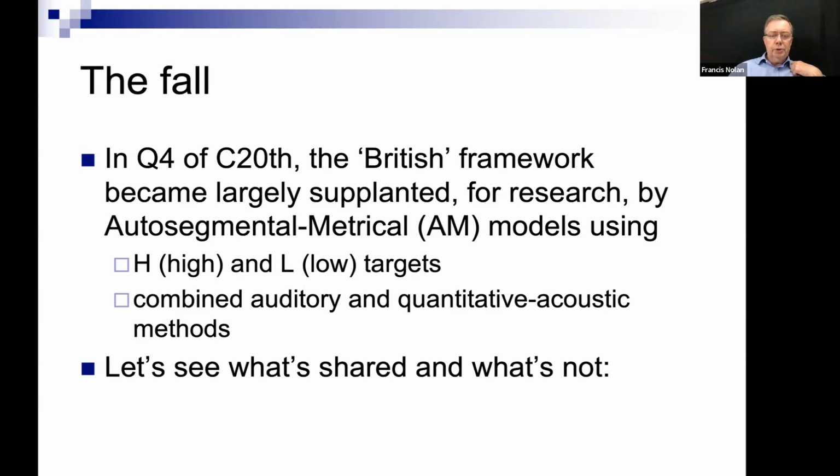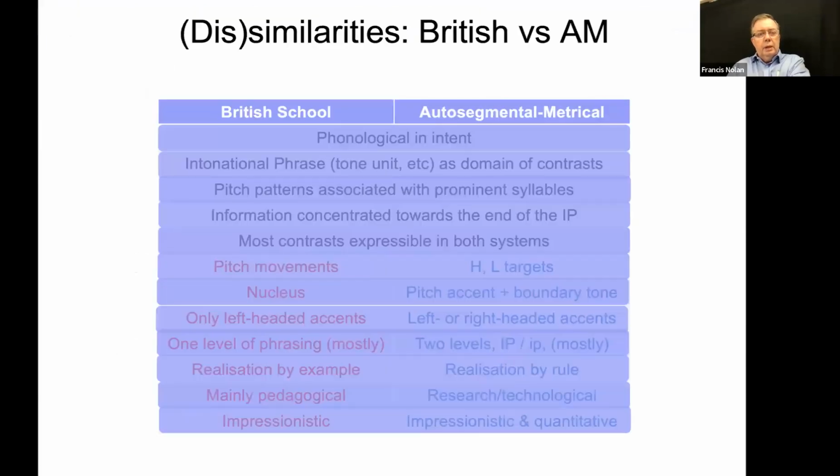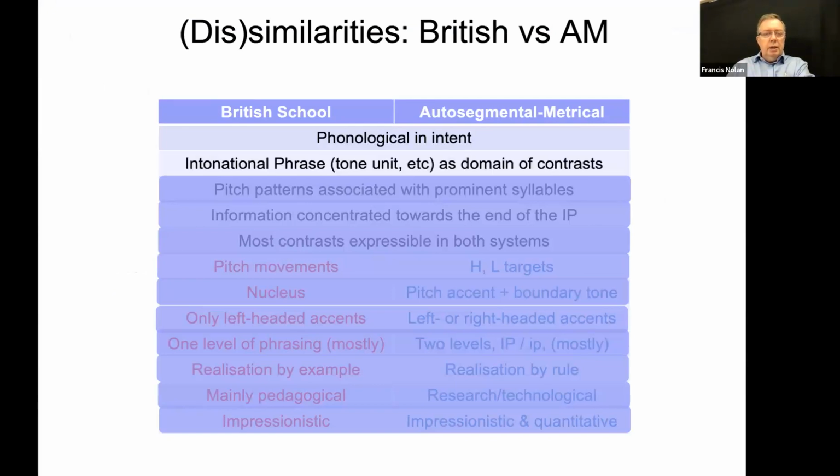And let's have a look at what's shared and what's not between the British way of doing things, British in inverted commas, and the autosegmental metrical model. So British on the left, AM, autosegmental metrical on the right. So they're both phonological in intent, I would say. The intonational phrase is the domain within which analysis takes place.